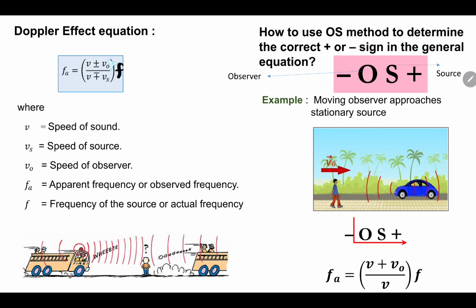So if the question is about a stationary observer, here v0 equals 0, so we can take v0 out of the equation. The same thing, if the question says that the source is stationary, vs is now equal to 0, so we can take it out of the formula over here.